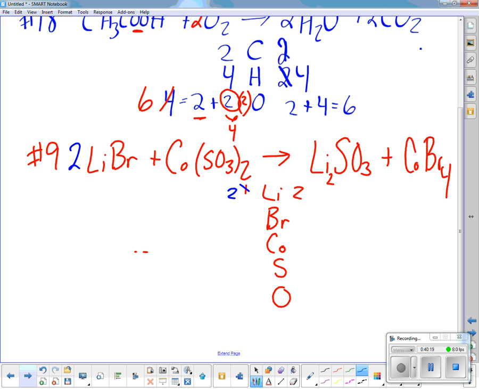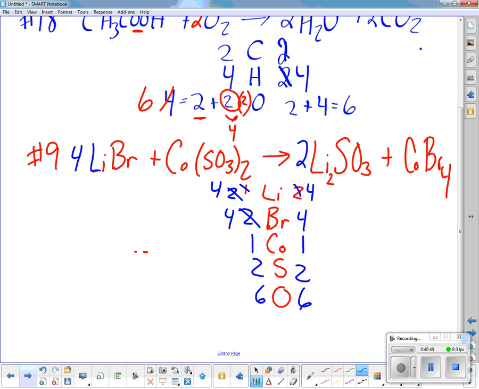Br. 2, 4. Oh, man. So then we go back and put a 2 here, right? Co's. 1, 1. Sulfur. 2, 2. Oxygen. 6. 6. Done.